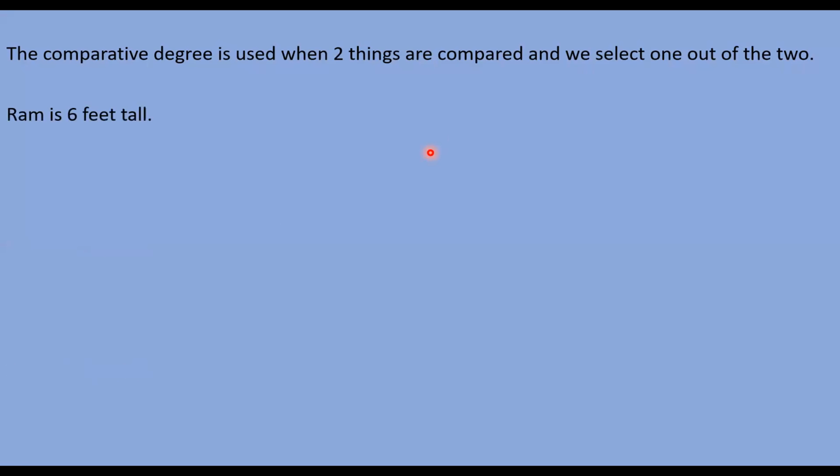We can understand this point with a few examples. First, Ram is 6 feet tall. Imagine that Ram's height is 6 feet and Mohan's height is 7 feet. After using the comparative degree, we can say: Mohan is the taller of the two boys.